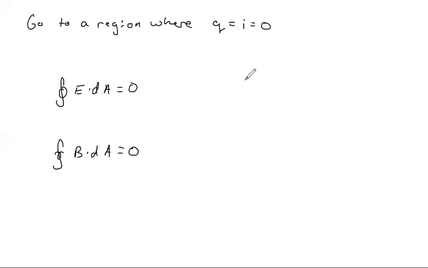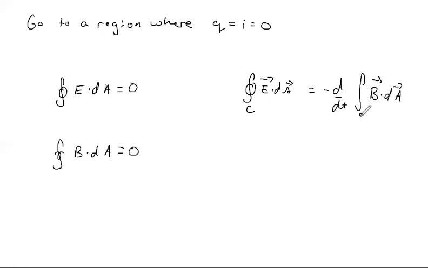We have Faraday's law. It says that the line integral of E dot ds around a curve C equals minus d by dt of the magnetic flux through surface S. Nice. And then let's write down Ampere's law.